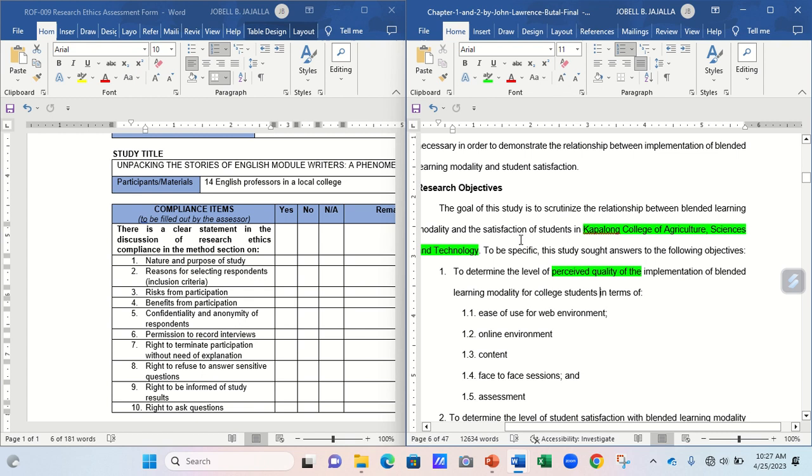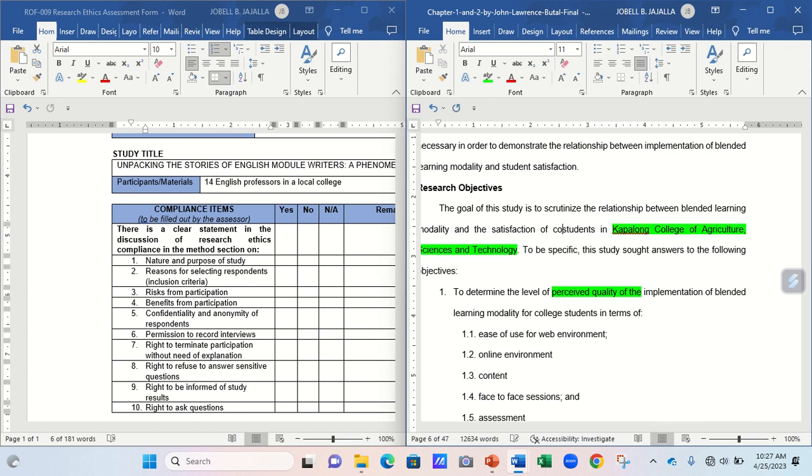We can also put: the goal of this study is to scrutinize the relationship between blended learning modality and the satisfaction of college students across all programs.